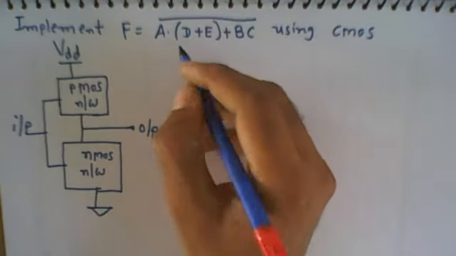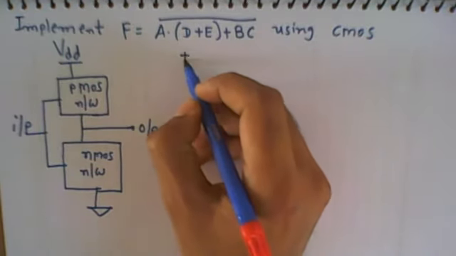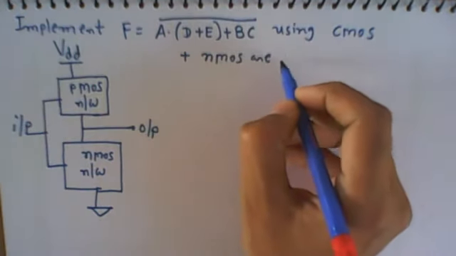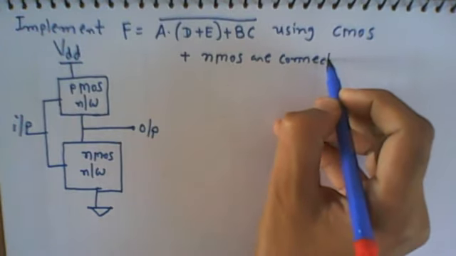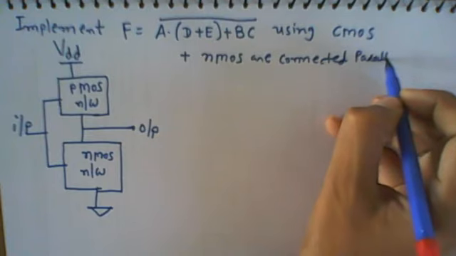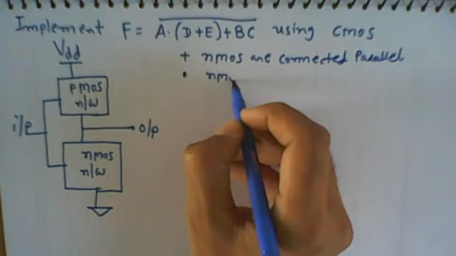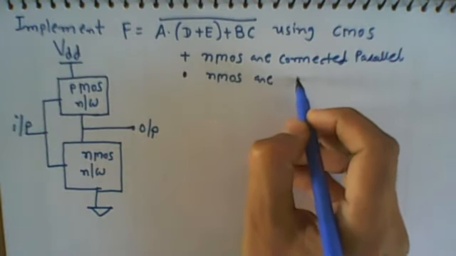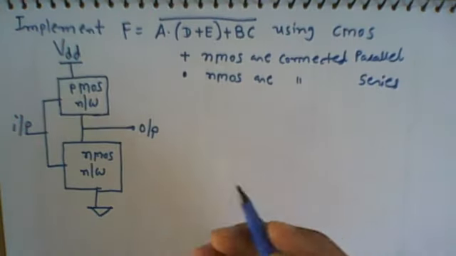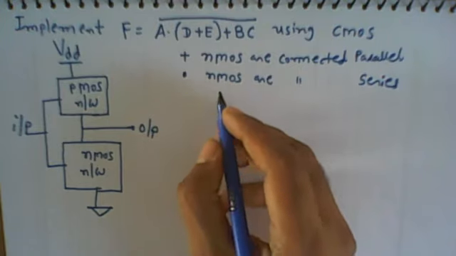Now we know to implement the plus, NMOS are connected in parallel, and to implement the AND, NMOS are connected in series. And the PMOS network is the dual of the NMOS network. So let me first find the NMOS network.